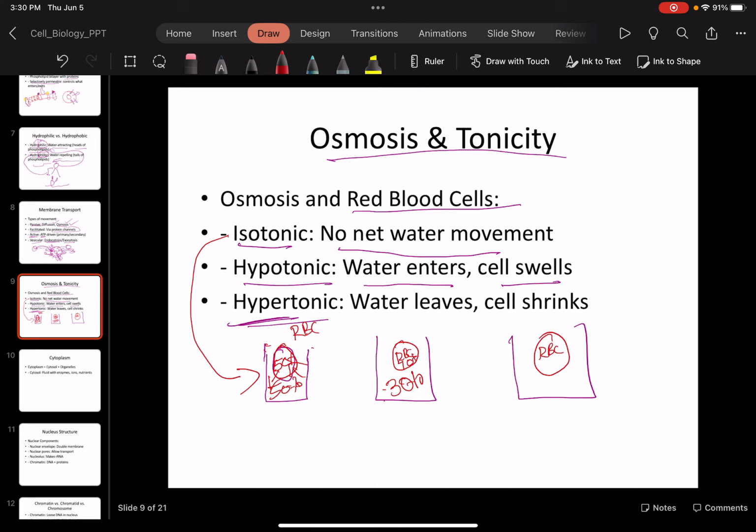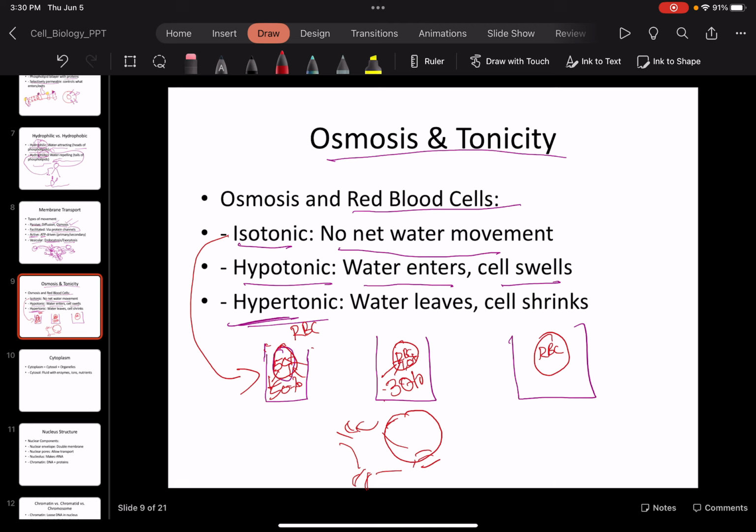Is this the solute concentration we're talking about? The water will move from here to here. So these cells are going to swell because a lot of water is rushing inside, since inside is more concentrated with solute. Finally, what happens? The cell is going to burst.